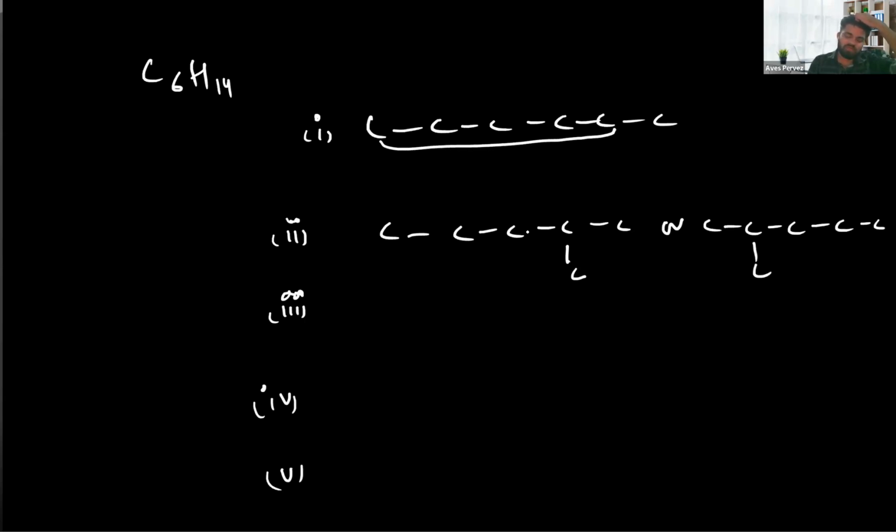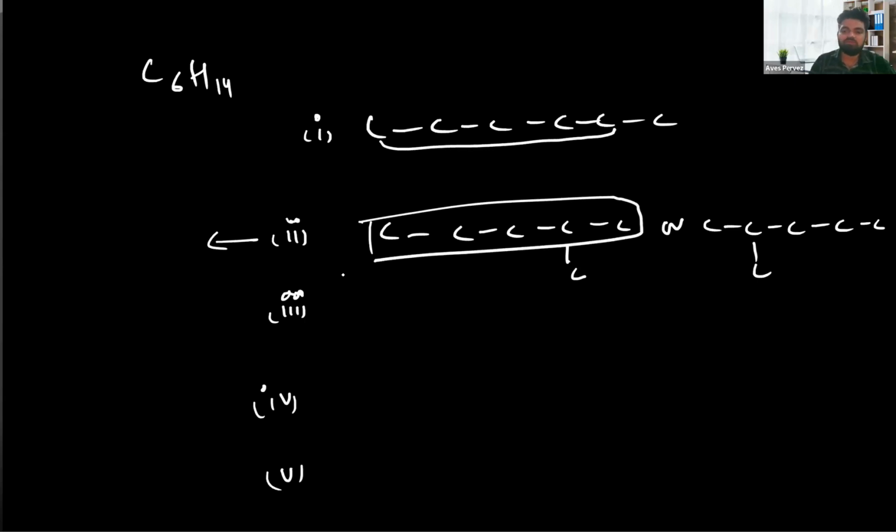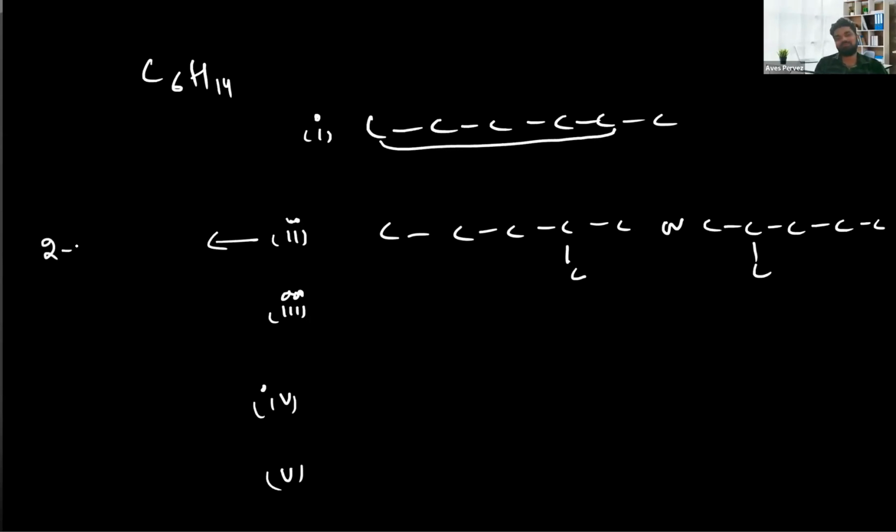If it is like this, 1, 2, 3, 4, 5, it is 2-methyl. What should be the name of this one? Tell me, it's very easy. 2-methyl pentane.